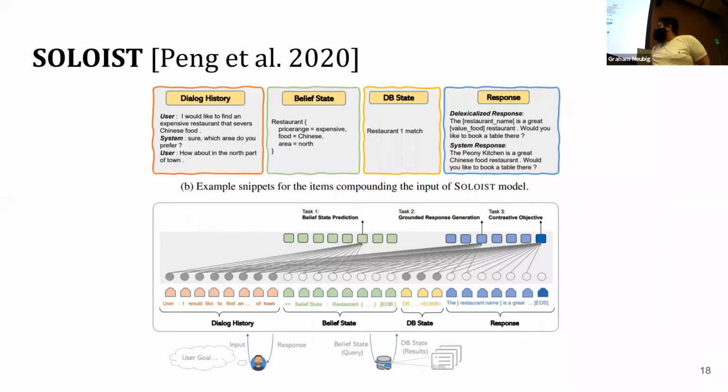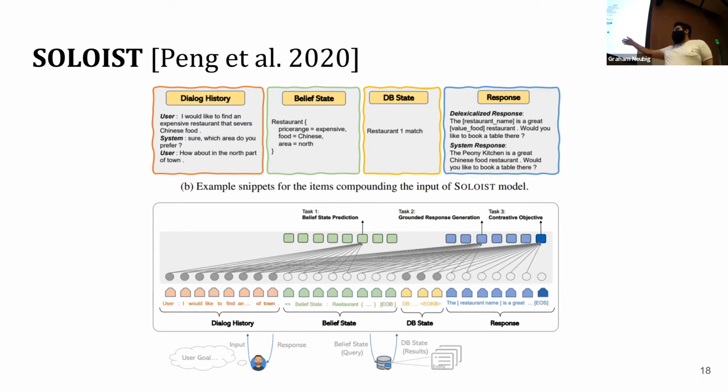And then, in work done since structured fusion networks, a lot of it has built on this concept of sequentially relying on these intermediate outputs, but they've done it in much simpler ways, in my opinion. So SOLOIST, a paper released last year, essentially took a GPT-2 model and trained it to first generate the belief state.